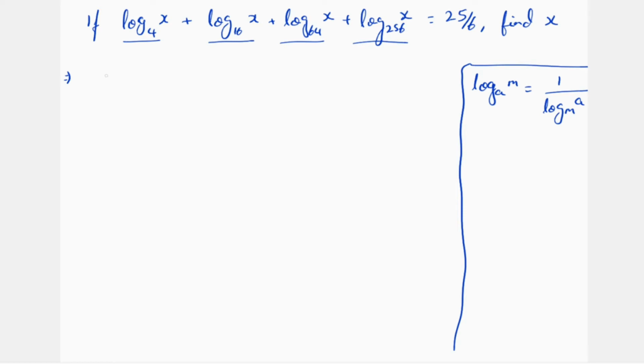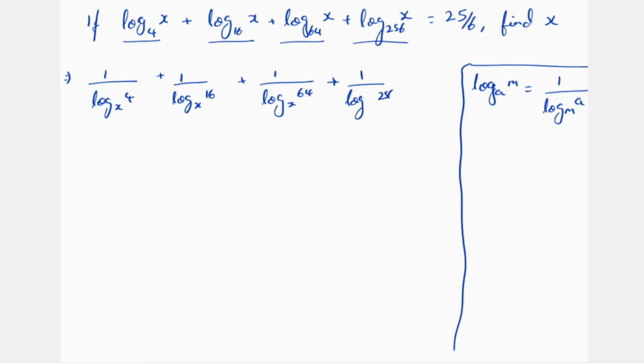Now we have 1 divided by log of 4 to the base x plus 1 divided by log of 16 to the base x plus 1 divided by log of 64 to the base x plus 1 divided by log of 256 to base x is equal to 25 divided by 6.